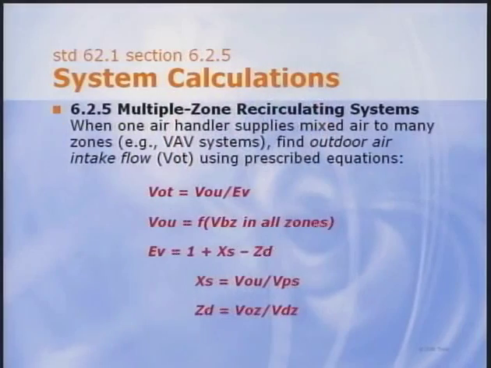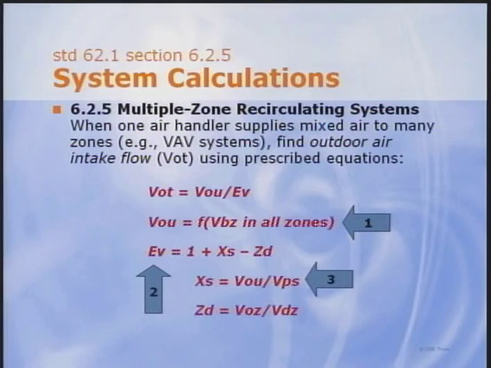Standard 62 recognizes this characteristic of multiple zone systems and requires designers to account for it. As these multiple zone equations show, the intake airflow at the air handler depends on the outdoor air needed in all breathing zones and the system ventilation efficiency, which according to Appendix A depends on the system primary airflow and the current discharge airflow to the critical zone.